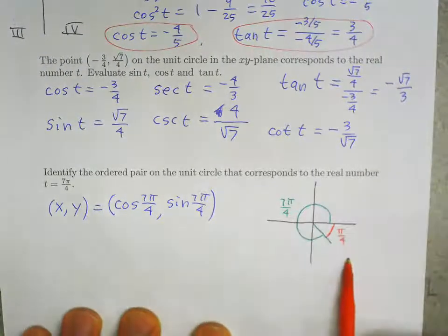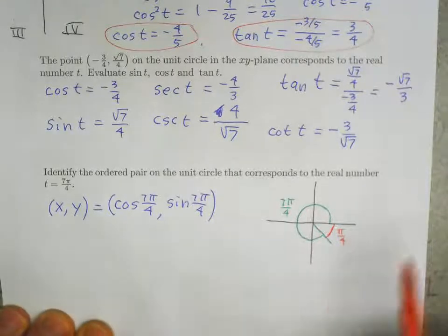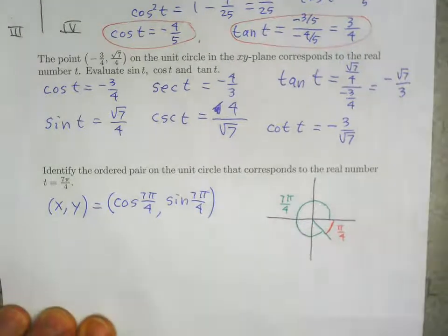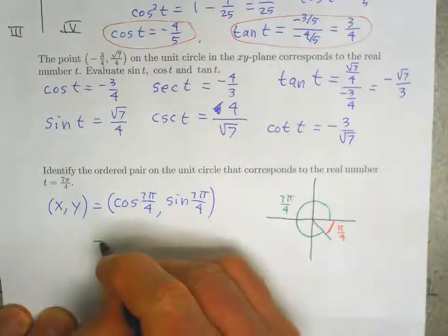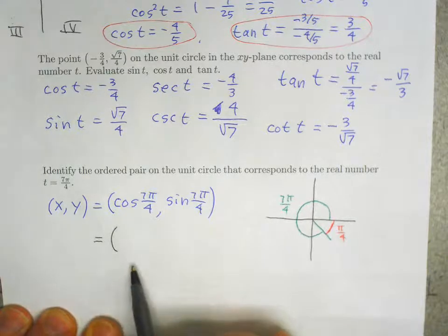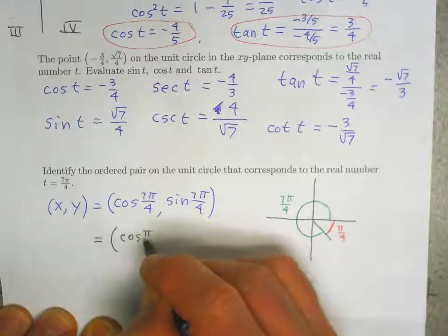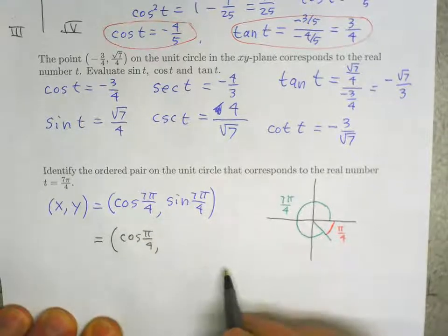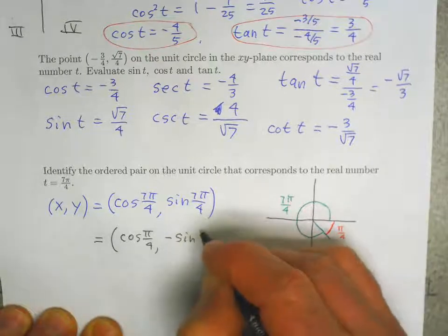Okay, in the fourth quadrant, cosine is positive and sine is negative. So we could say, as an intermediate step, the x-coordinate is equal to cosine of pi over 4, and the y-coordinate is negative sine of pi over 4.